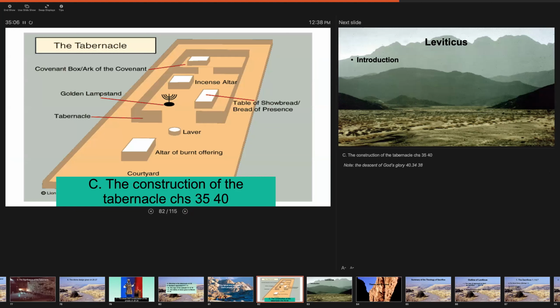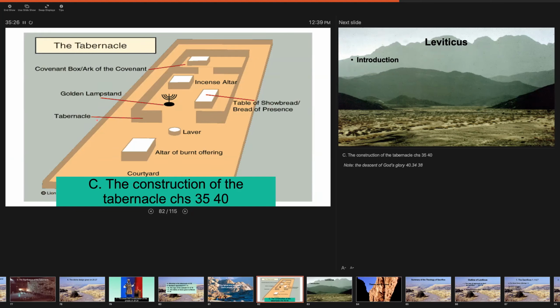Now, this is a picture that helps us to understand this. Let me see if I can make my thing into a big pointer, a laser pointer. Okay, here's my laser point. See that?